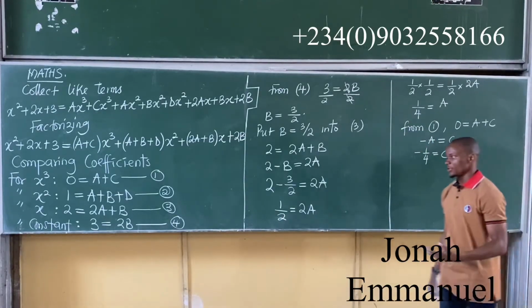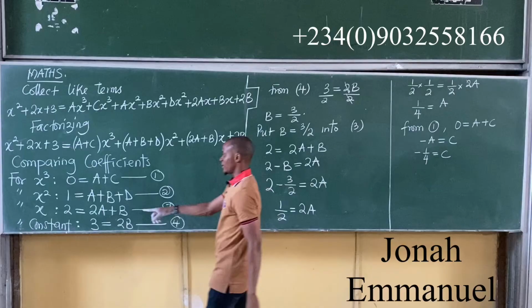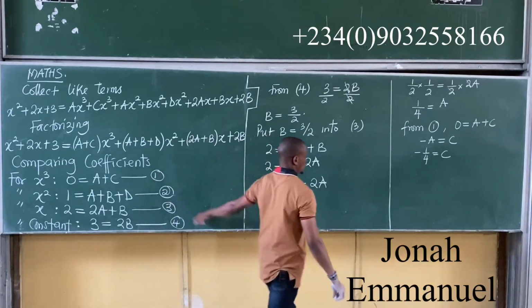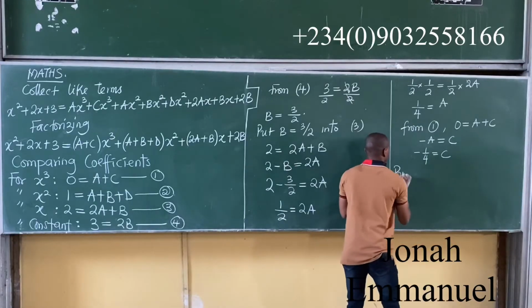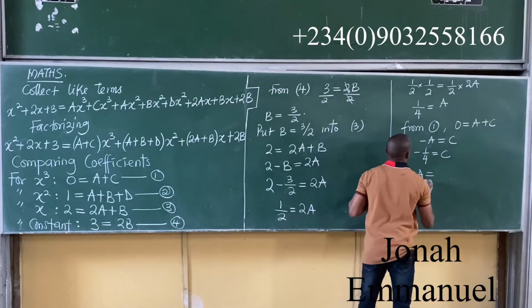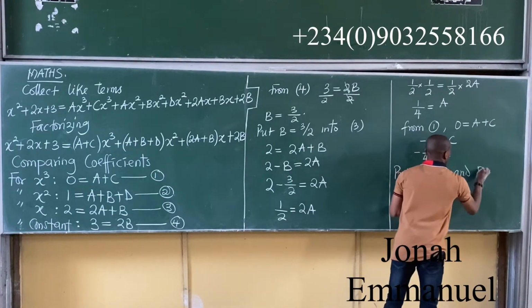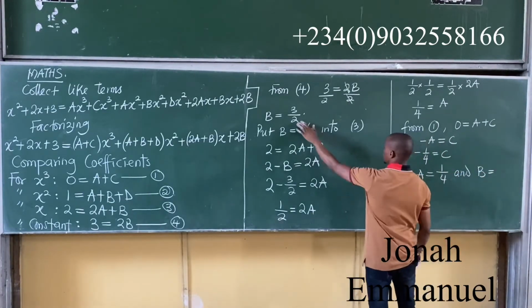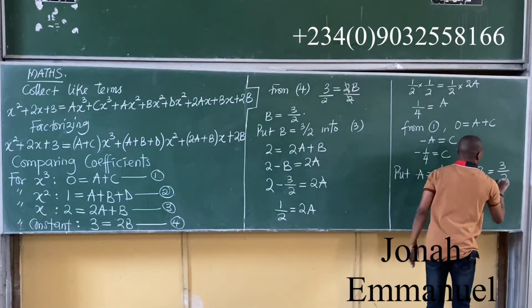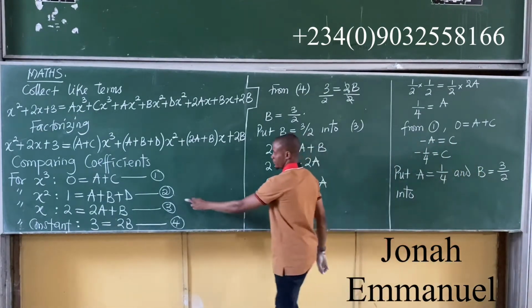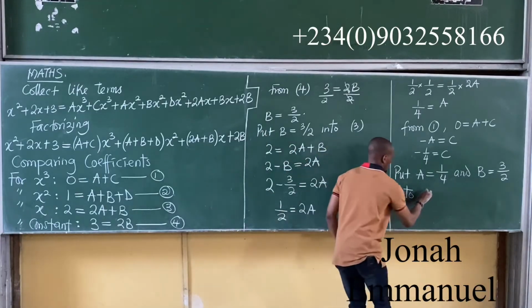Let's now get d. I'll put the value of a and b here to get d. So put a and b into equation 2. I'll put a, which is 1 over 4, and b, which is 3 over 2, into equation 2.